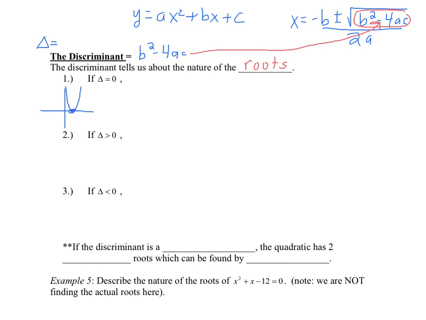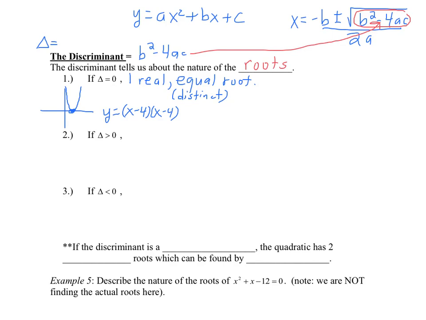So if the discriminant is equal to 0, we have one real and equal root. Now, why is it equal? Sometimes by equal we mean distinct. If we look at, how about y equals x minus 4, x minus 4.